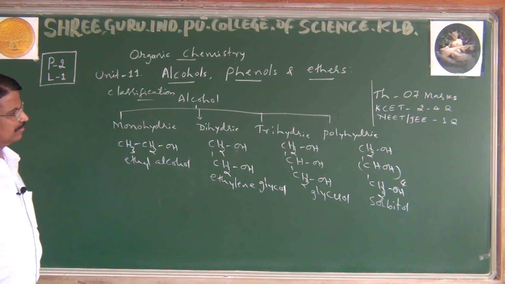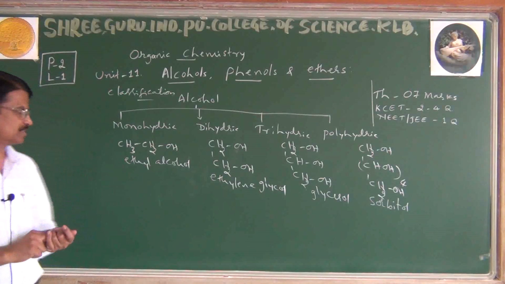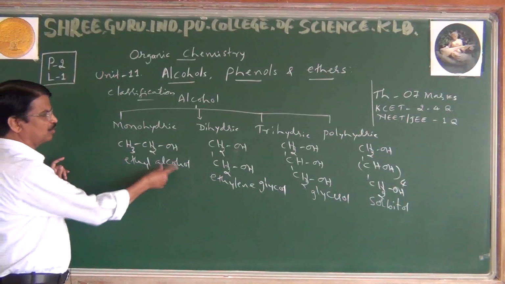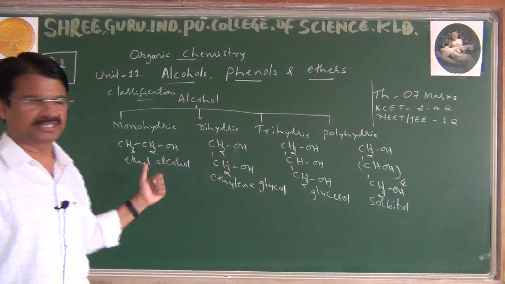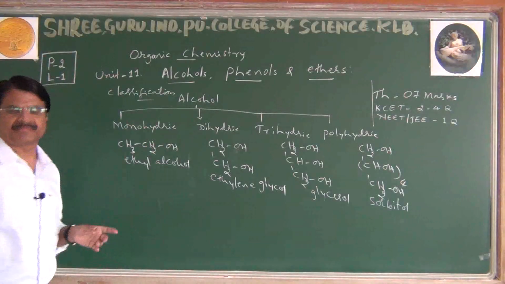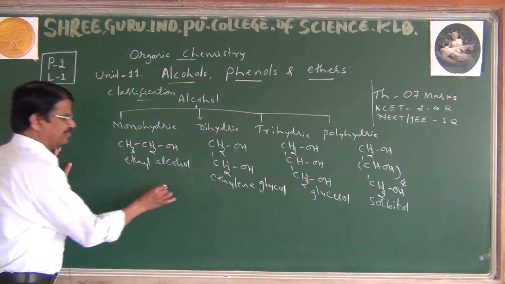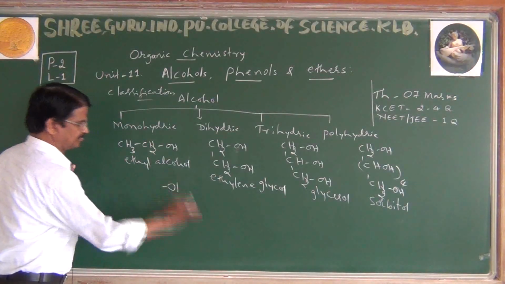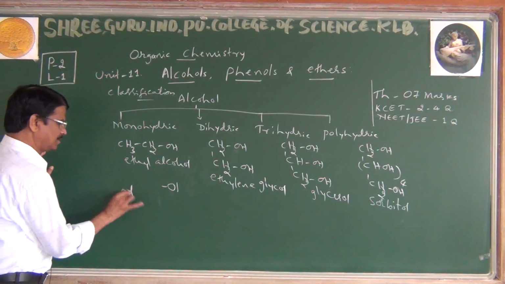Okay. Now in the common system, see how to name such compounds. In the common system, monohydric alcohol is named as alkyl alcohol. Then in the IUPAC system, you will use the suffix "ol," and they are named as alkanol.